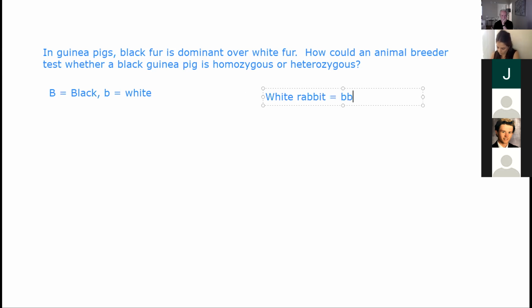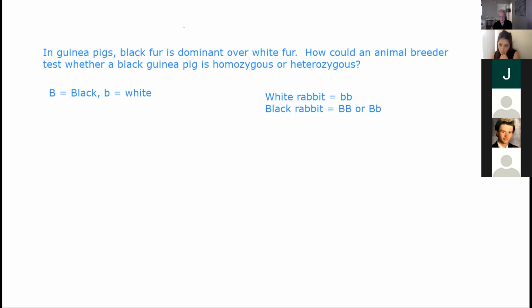Two lowercase b's, excellent. And how about for the black rabbit? Either homozygous, like two capital B's, or heterozygous. Yeah, so those are the letter combinations we would be looking for with the white rabbit or the black rabbit.